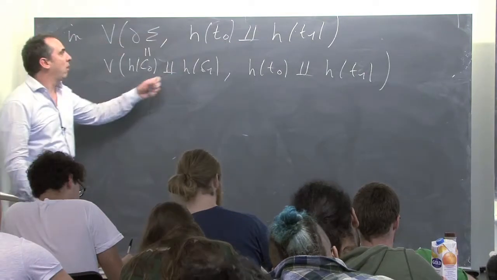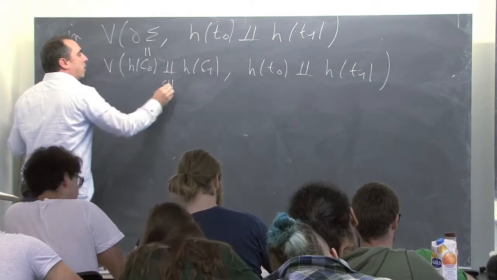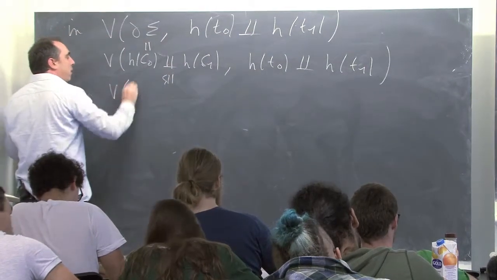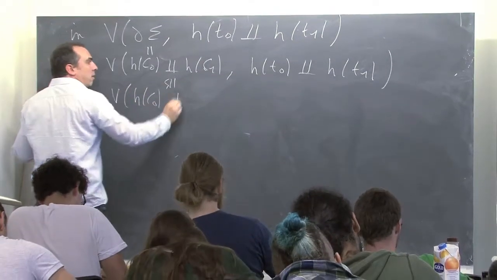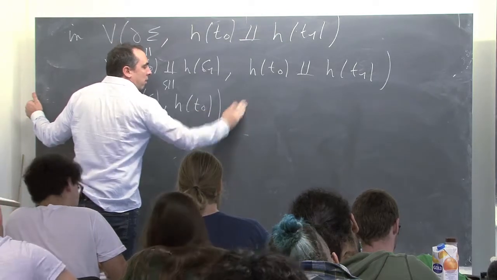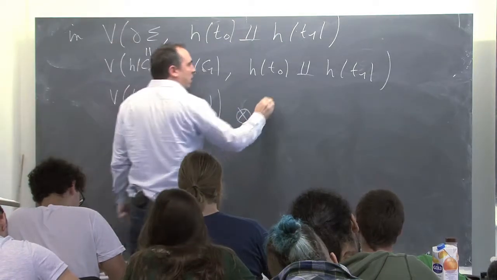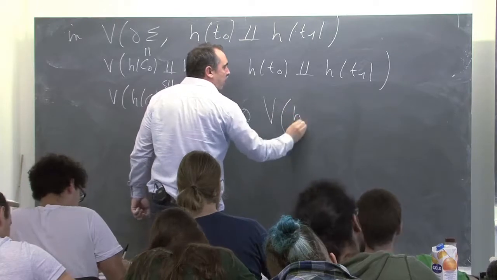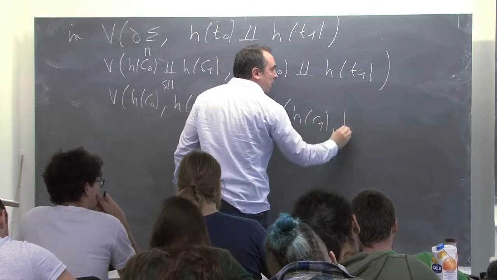Okay. So now, as we have seen, there is a canonical isomorphism to V of H C0, H T0, tensor product with the vector space associated to H C1, H T1.